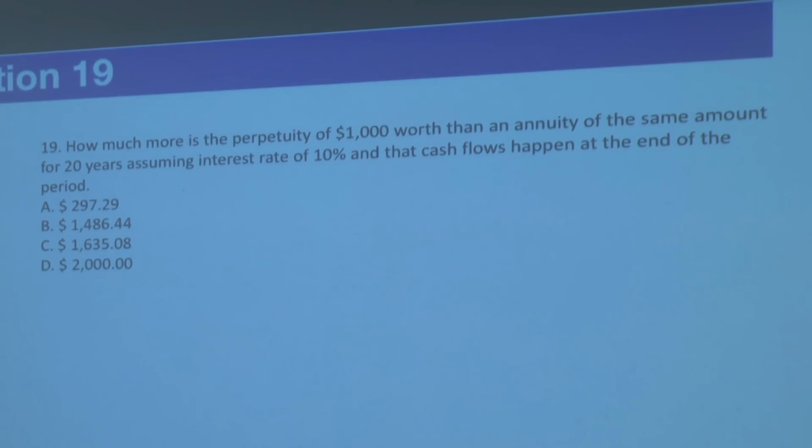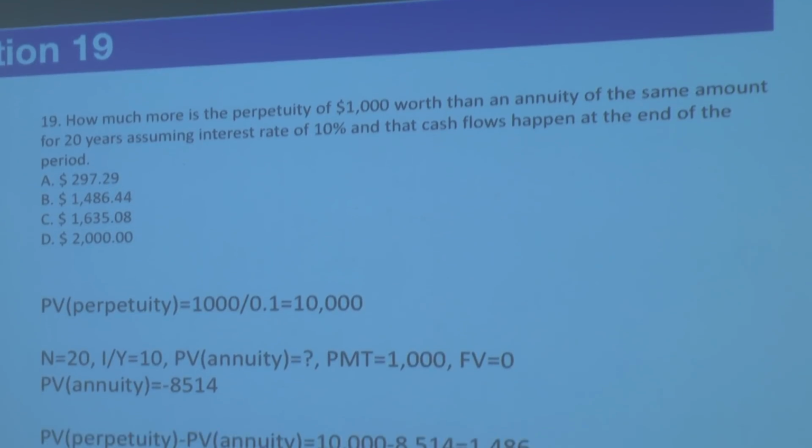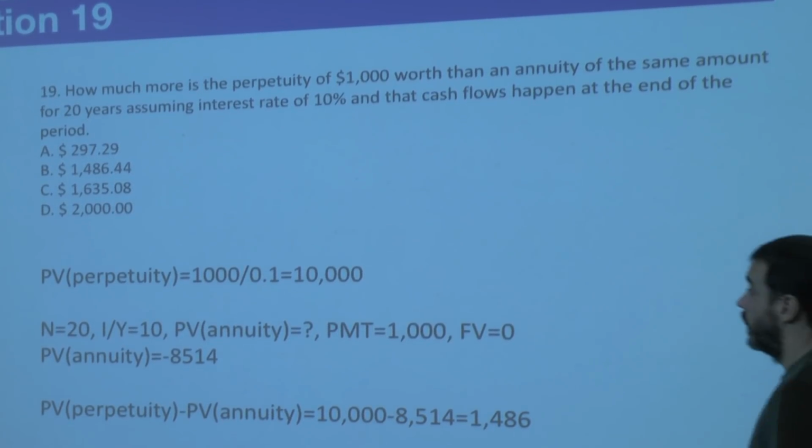So, how much is the perpetuity worth? 1,000 divided by 0.10, which means $10,000.